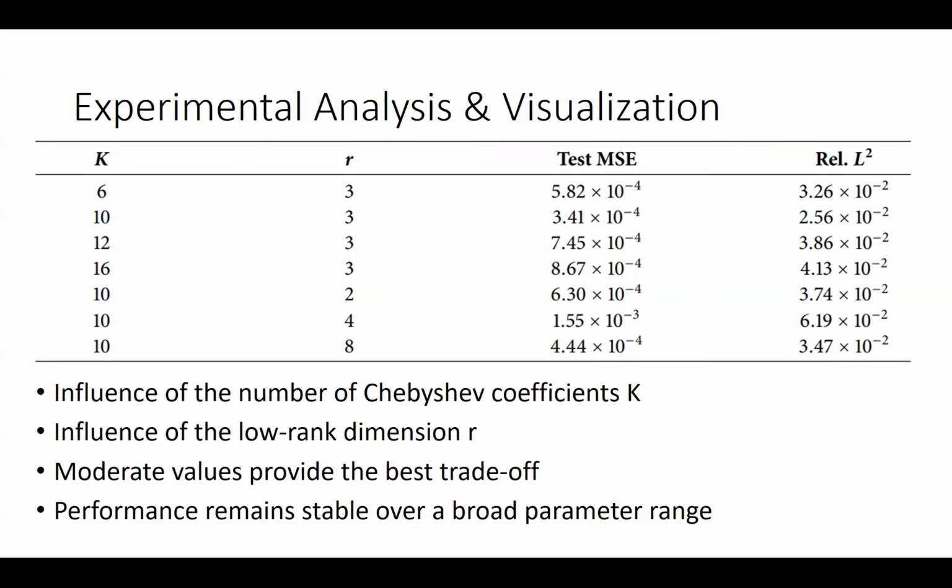For a more correct way, we should vary all these coefficients step by step. First, we need to stay at low rank 3, and then go with the K Chebyshev coefficients, and step by step go up, of course.